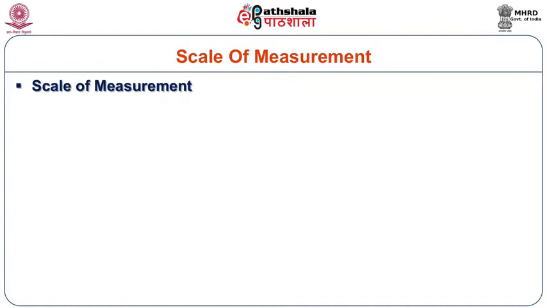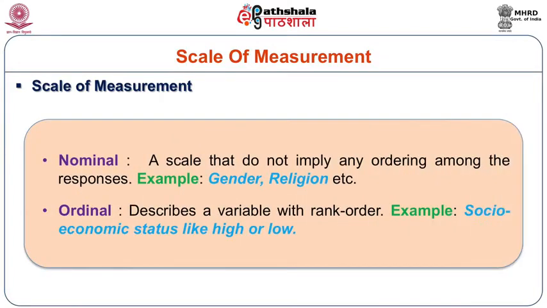In quantitative analysis, we use different kinds of scales of measurement. For example, the nominal scale, where there is no ranking or time-based ordering. Then we have the ordinal scale, where there is a rank-based ordering.